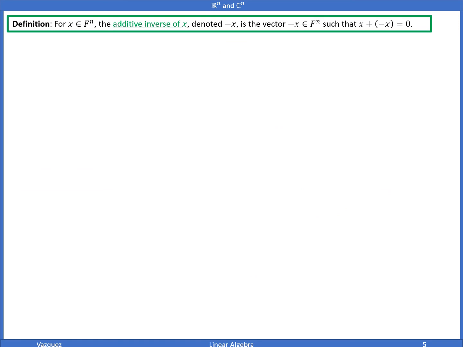So for x in Fn, again, x is a list here, the additive inverse is denoted by negative x. And as you know, the additive inverse should give us the additive identity, 0, when added with each other. So those two are additive inverses, and it gives us 0, our additive identity.